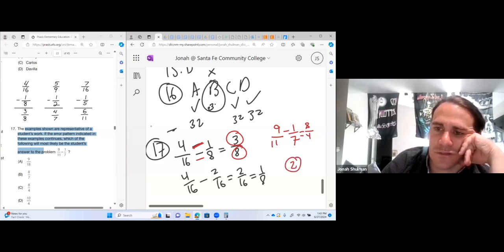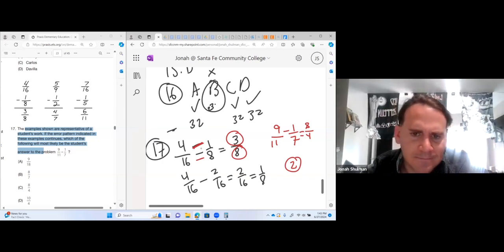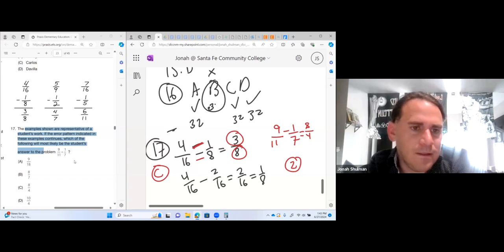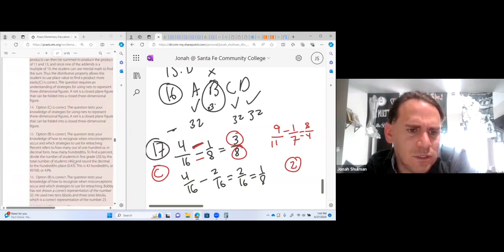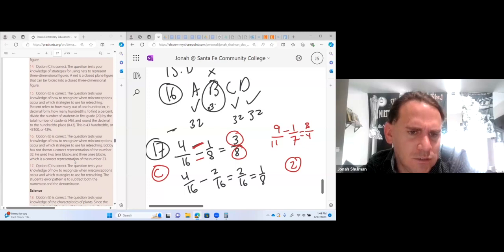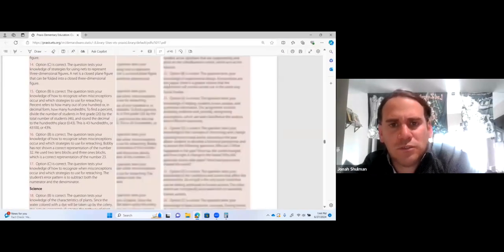They got 2 as an answer, or 8/4. Oh, there's an answer C. So 17 should be C. Let's see if it is. 17 is C. Nice. The question tests your knowledge of how to recognize misconceptions. The student's pattern is subtract both. Okay, cool. All right, so that was one.